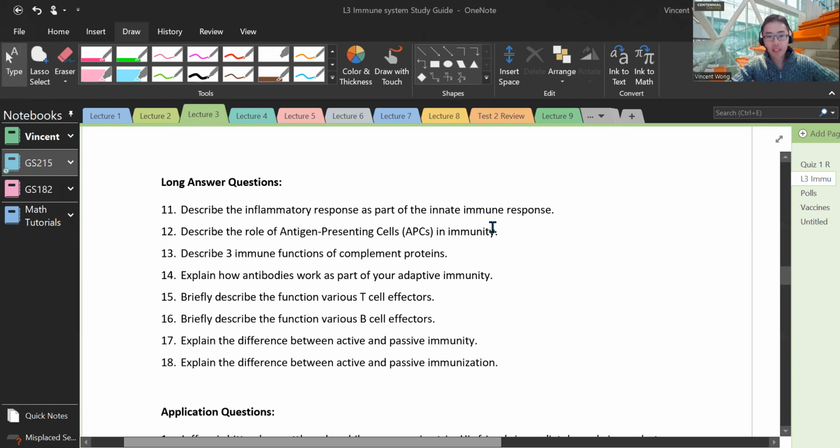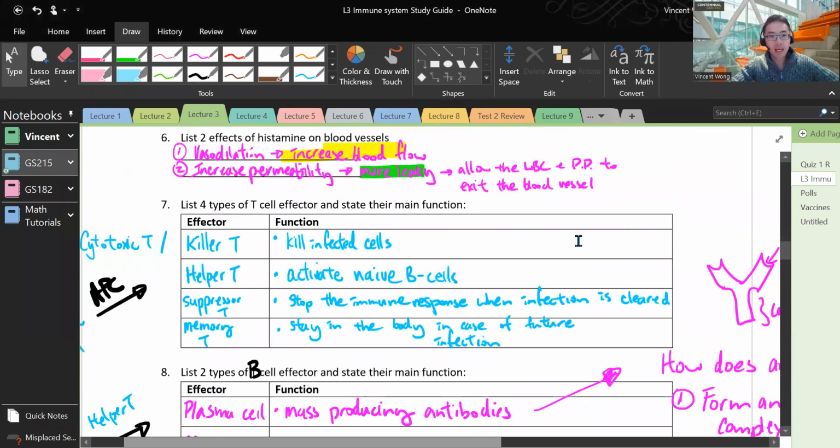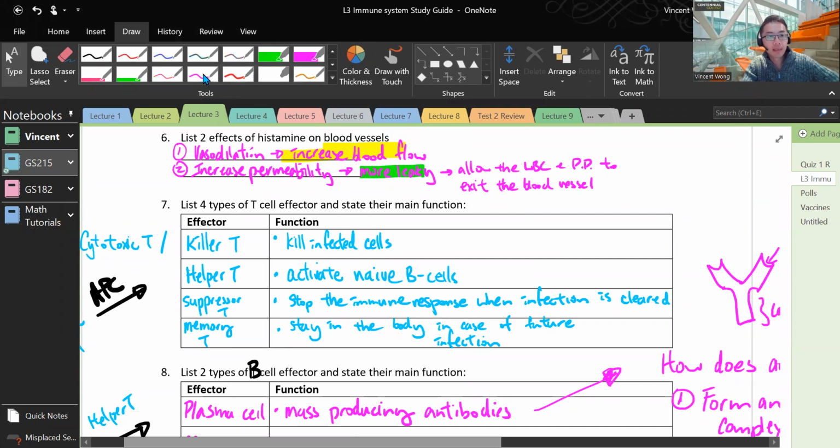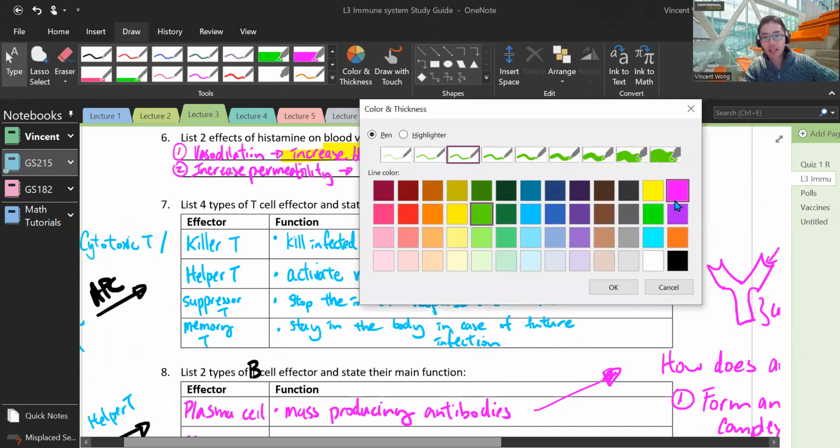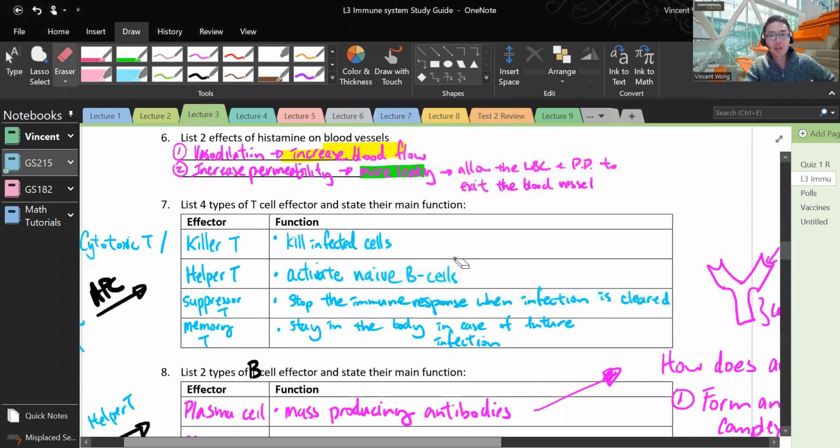Hello, let's keep going. I forgot to mention something. Over here, let's go back for one second. All this stuff that's going on right here that involves the T cells, we call this cell-mediated immunity.